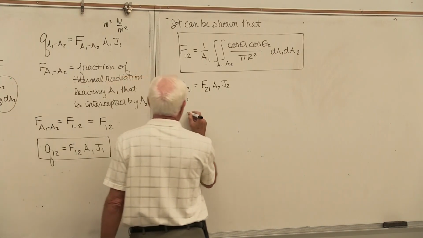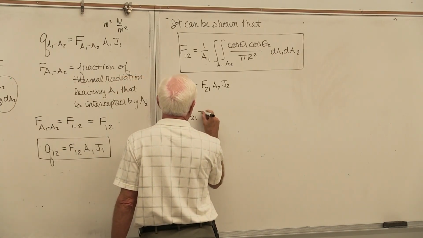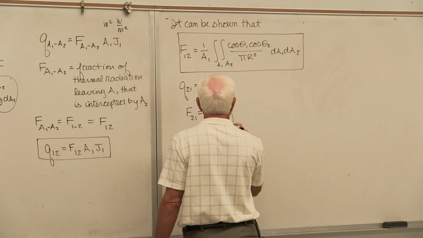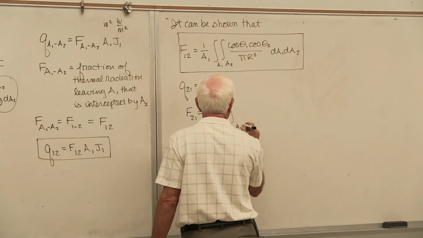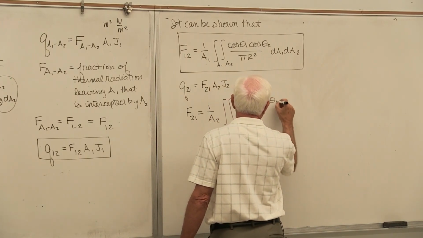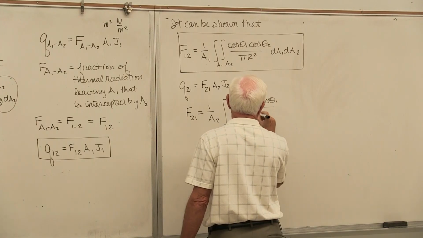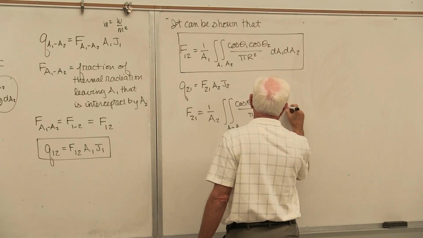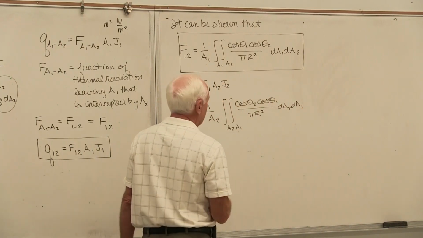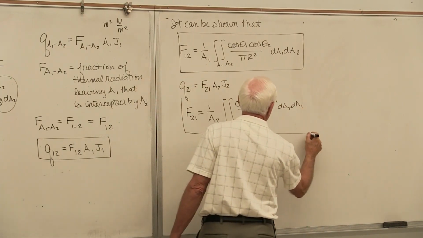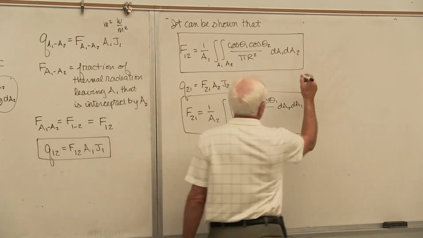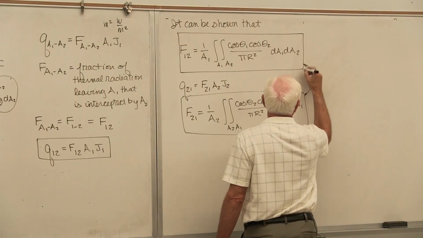In that equation, F21 is 1 over A2, integral, and then you can compare these.